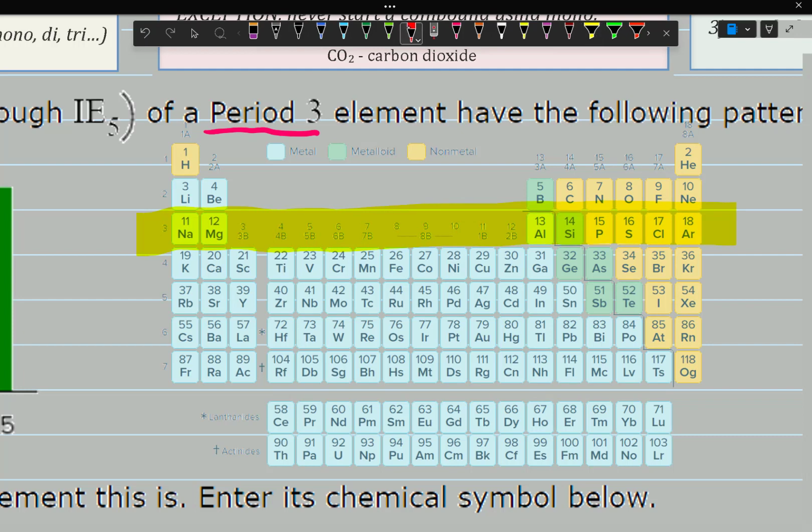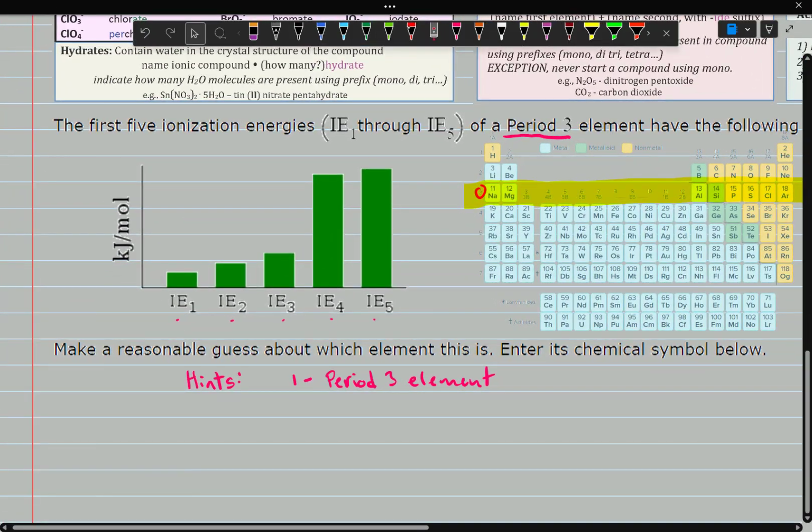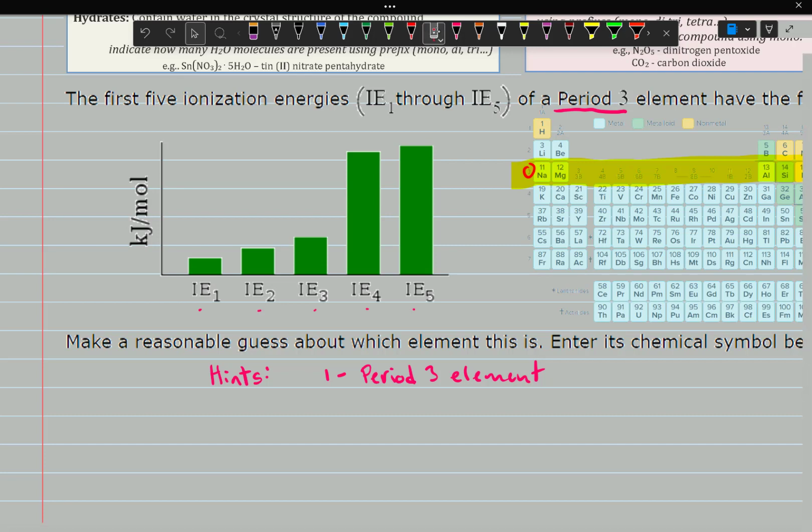That's simple enough. We're given one other hint that's not explicitly stated, but if we look at the graph, we can see that our 4th ionization energy level is much higher than 3, 2, or 1.